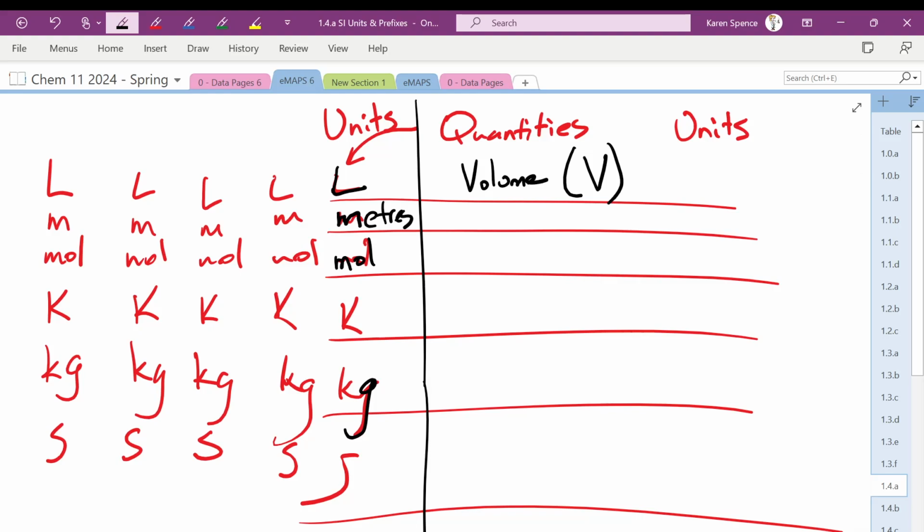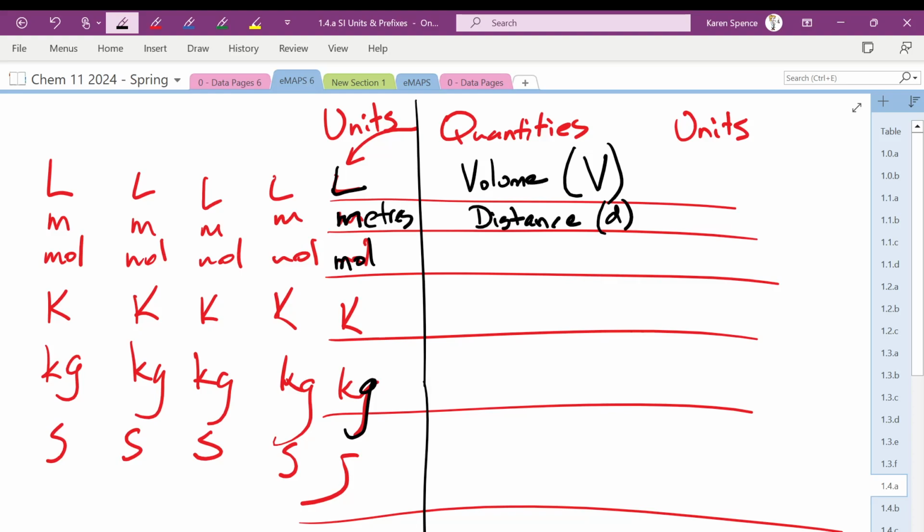Anea, what is meters measuring? What quantity is it measuring? Distance. And what is the abbreviation for distance? It's a D. Do you know if it's capital or lowercase? It's lowercase, yes, indeed. And your name is? Anthony. Okay, excellent.